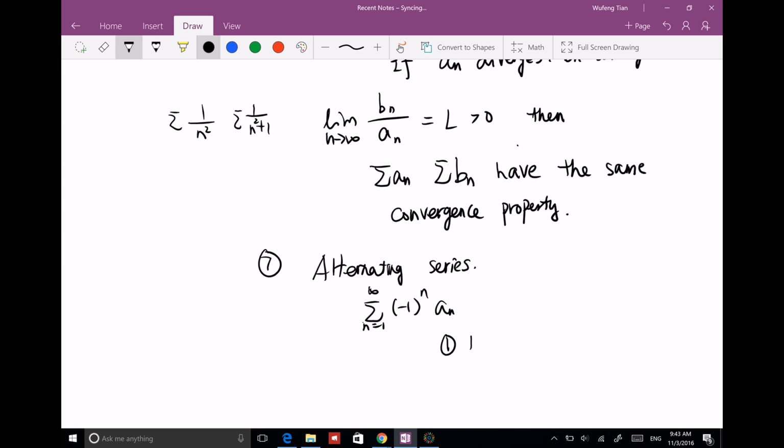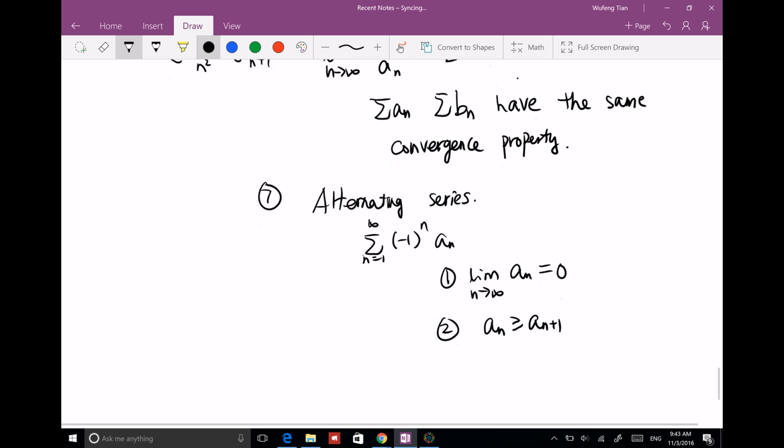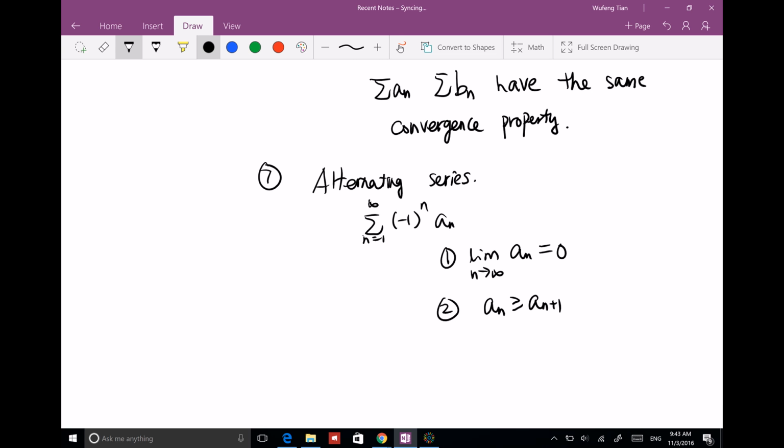The limit as n approaches infinity of a_n equals 0, and second, a_n is greater than or equal to a_{n+1}. Perfect. If these two conditions are satisfied, does this series converge or diverge? Then converge. Okay, then the alternating series converges. Perfect, you did a very good job.